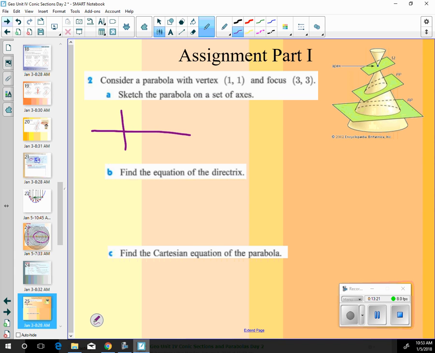And we have 1, 1 and 3, 3. This one's kind of neat. And this is my vertex. And this is going to be my focus.